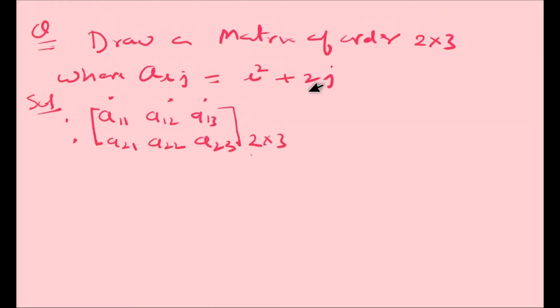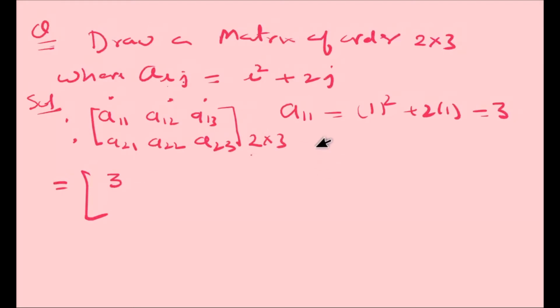Now fill in this number here, A11. Use this formula. We can say i is 1, j is 1. Refer here, 1 square plus 2 into 1. After solving we get 3. So the value of A11 you can put 3.